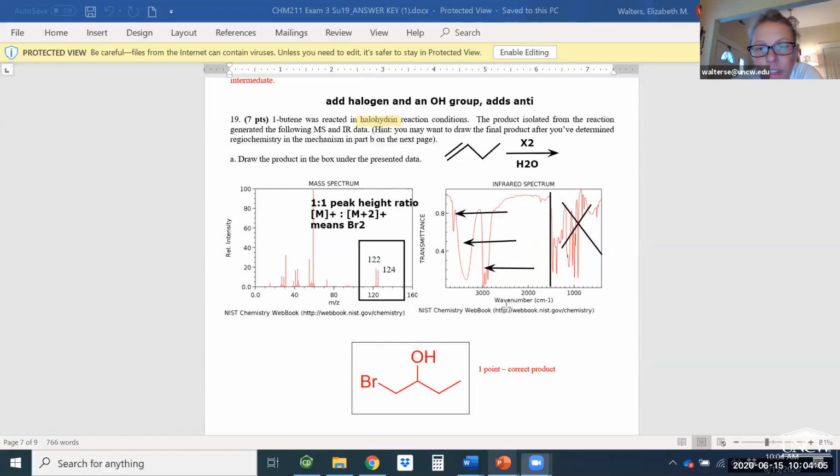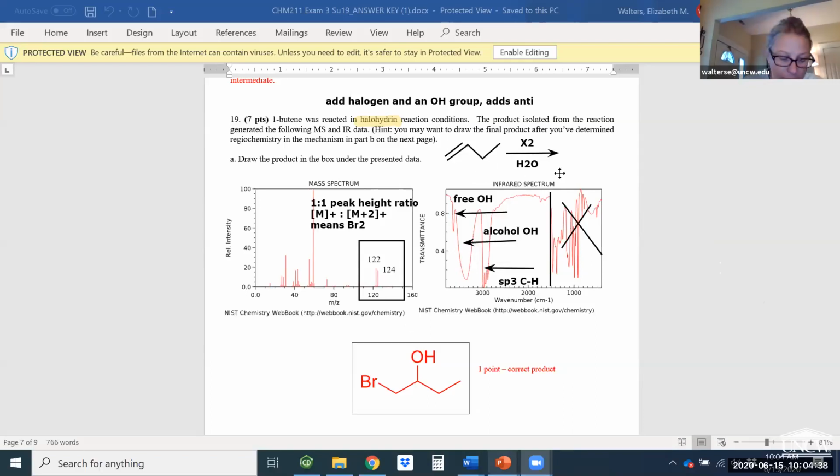The first is sp3 carbons to hydrogens. The second is an alcohol OH, and since you have that alcohol OH, this is most likely free OH that's not participating in hydrogen bonds. So between these two factors, you know that you get a bromine and an OH group on your compound.